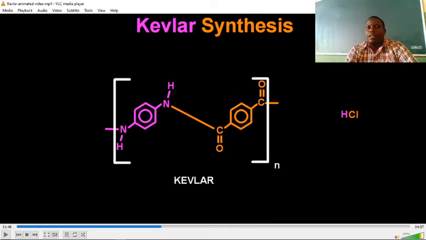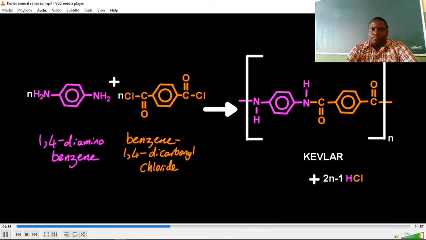So you see the Kevlar releases the molecule of HCl. It's not water as I have told you, it's HCl. It might help you also to know that the H and the Cl will fit on the outside of that repeating unit. So here's the equation written out in full. It's 2n minus 1. In order to balance this equation, you will follow this formula.